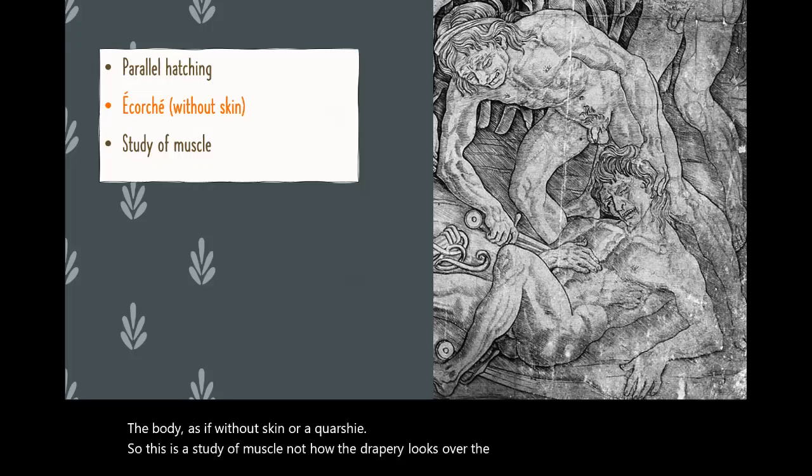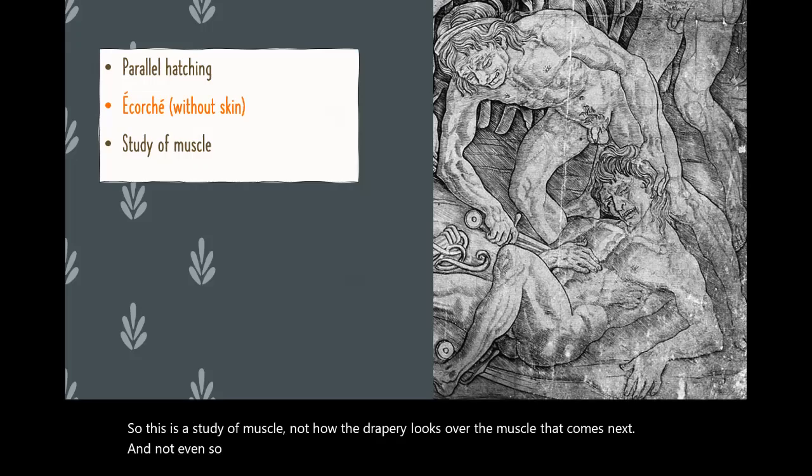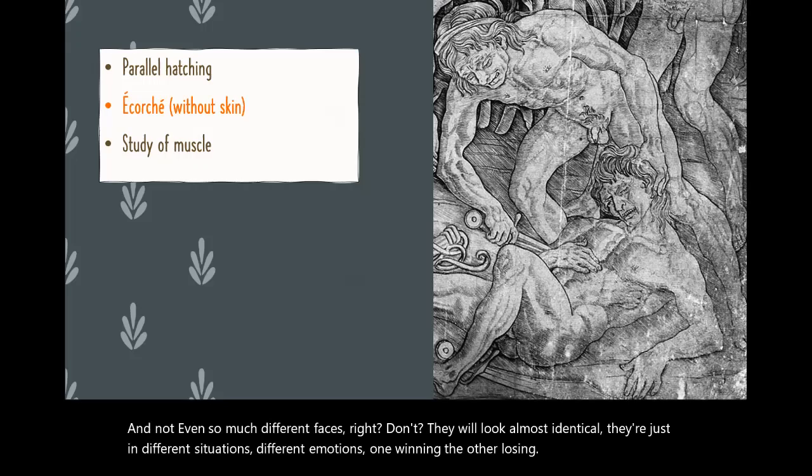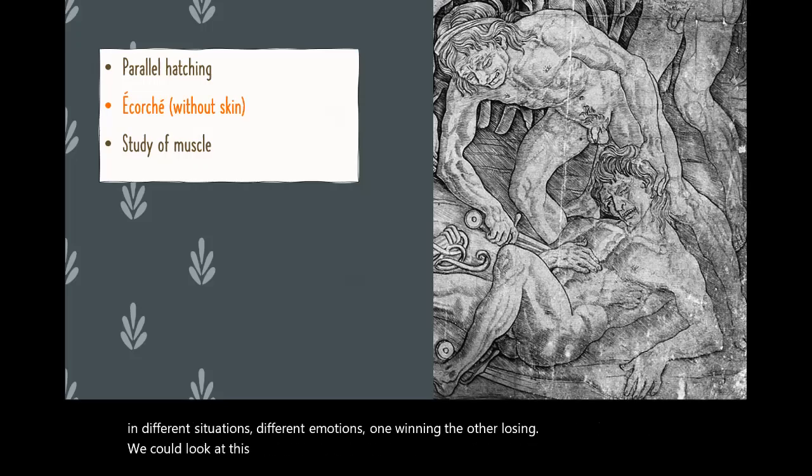That comes next. And not even so much different faces, right? Don't they all look almost identical? They're just in different situations, different emotions, one winning, the other losing. We could look at this essentially as the same body, the same man, 10 times in 10 different poses.